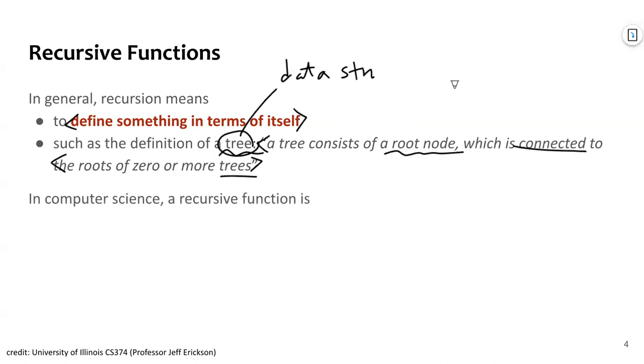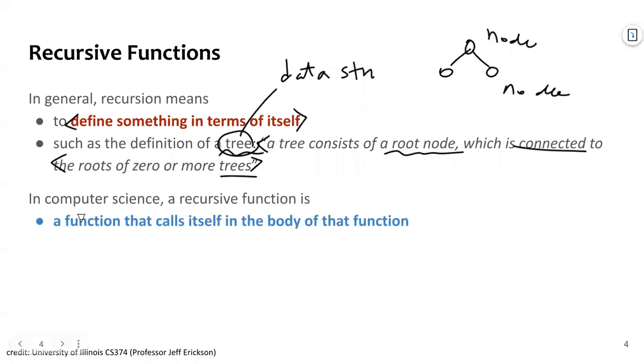Basically a tree looks like this: a node is connected to other nodes like this. In computer science, a recursive function is a function that calls itself in the body of that function.